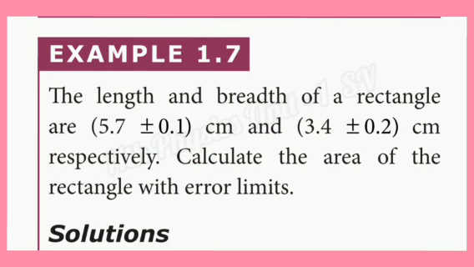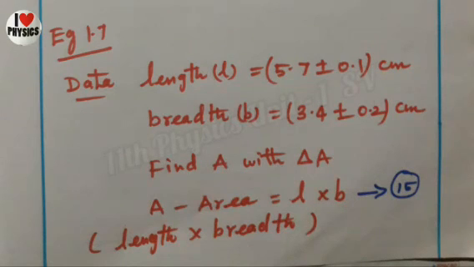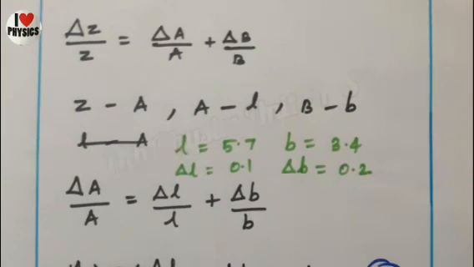Area of rectangle is A equals L into B. Given data: length means L, so L equals 5.7 plus or minus 0.1 centimeter. Breadth is small b, its value 3.4 plus or minus 0.2 centimeter. So find out A with del A. A means area, that is L into B. This is equation number 15.